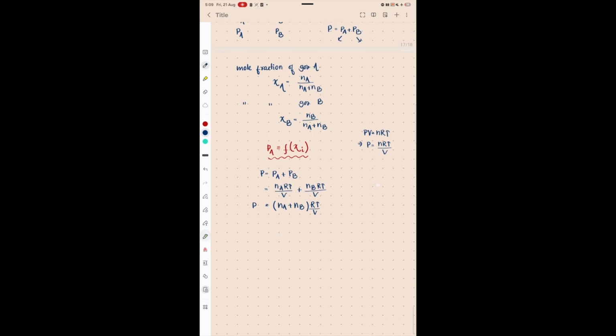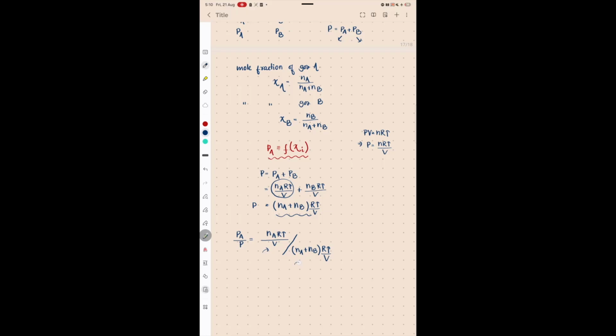So now if I divide PA by P, that is Na RT upon V divided by Na plus Nb RT upon V, yes or not? See, this is PA and this is my P, right?